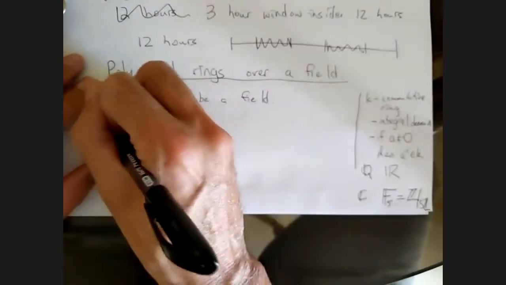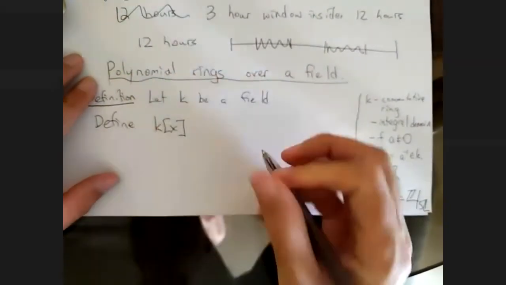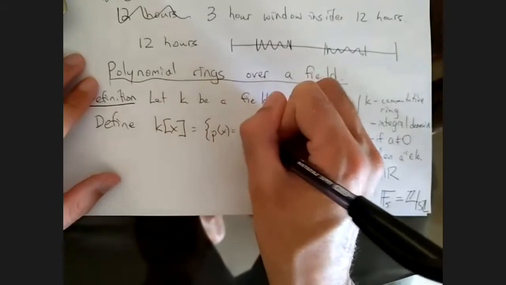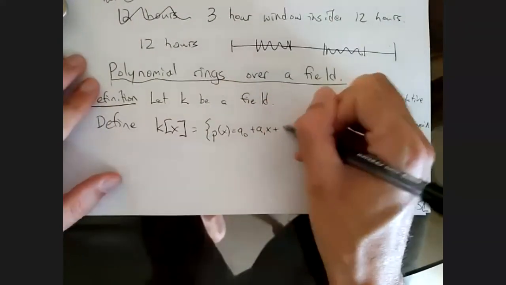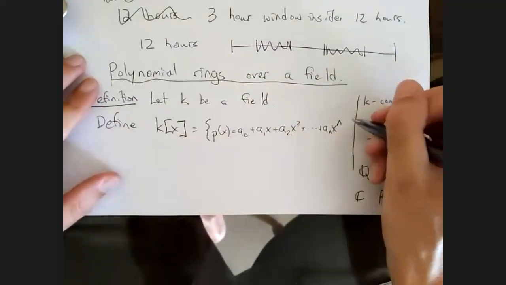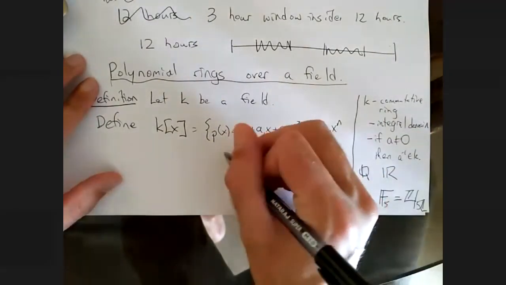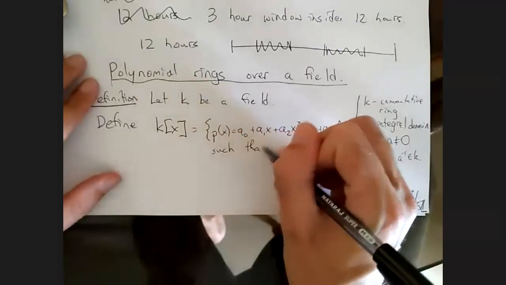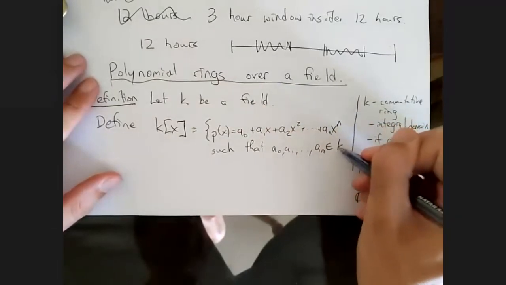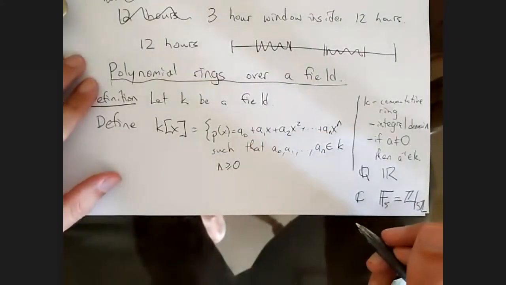We define K[x] to be the set of all the polynomials with coefficients in K. A polynomial has a bunch of coefficients up to x to the n, such that all these coefficients are in the field K, and n is greater than or equal to 0.